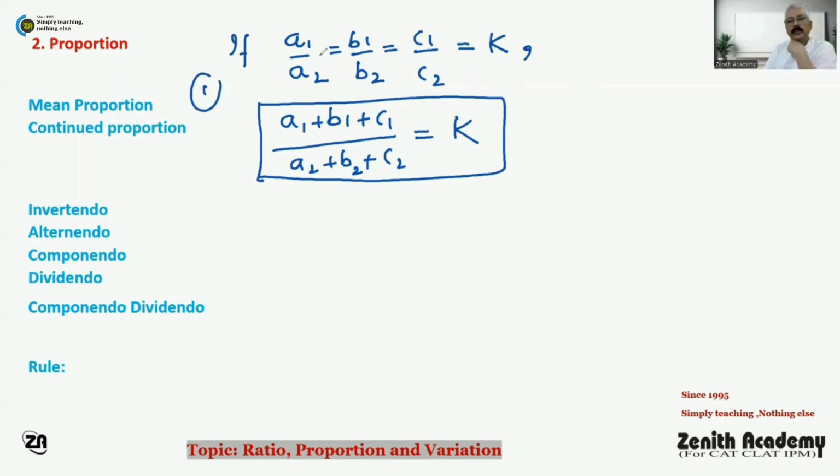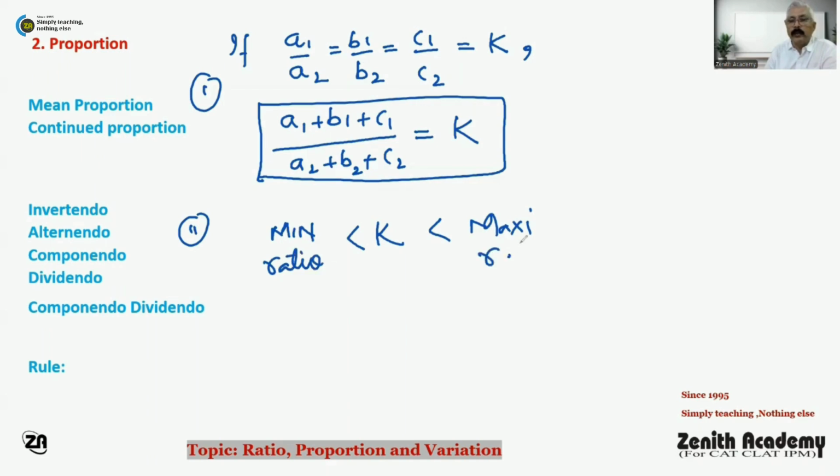So here the ratios a1 upon a2 is equal to b1 upon b2 is equal to c1 upon c2. But sometimes if the ratios are not equal, then the value of k will be greater than the minimum ratio and lesser than the maximum ratio.